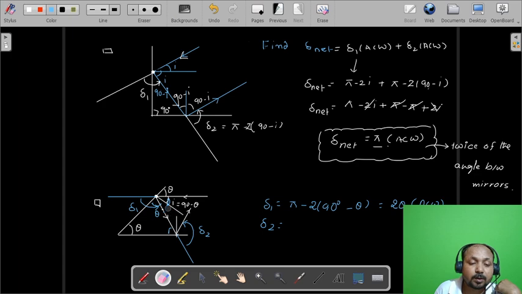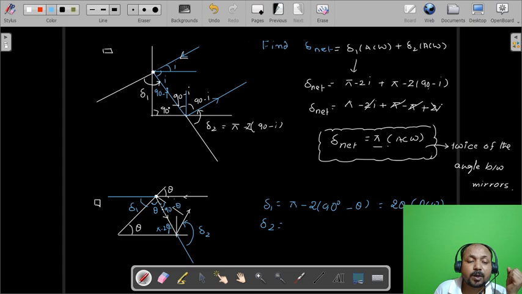Okay, so if this is pi minus 2 theta, now this angle we have found out. Now let's see here, this is 90 minus theta, so this will equal to how much? 90 minus 90 minus theta is equal to theta. Okay, so theta plus theta, 2 theta, so this will come out pi minus 2 theta.